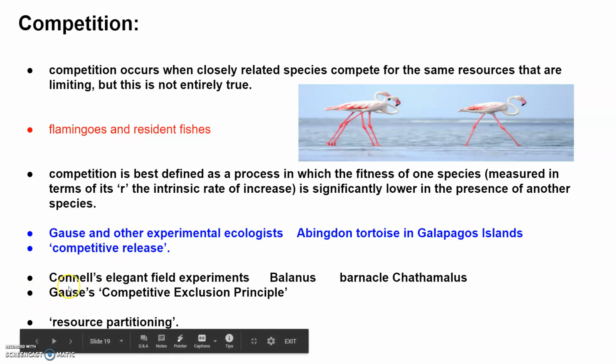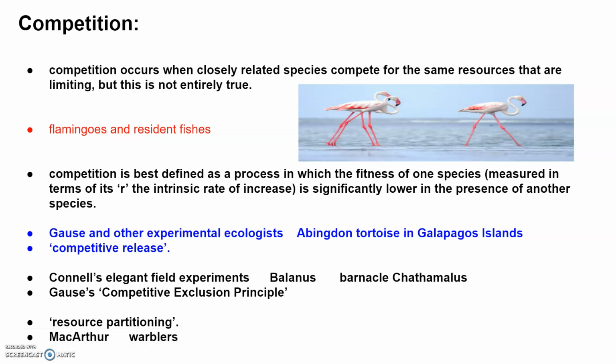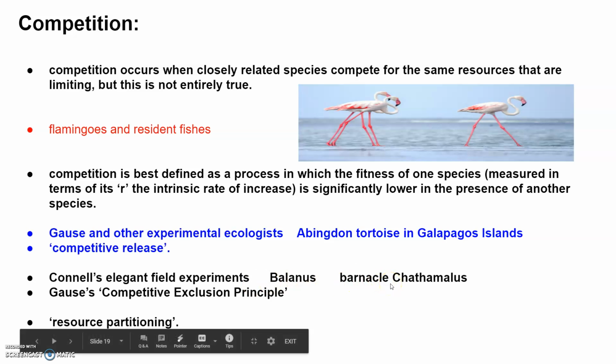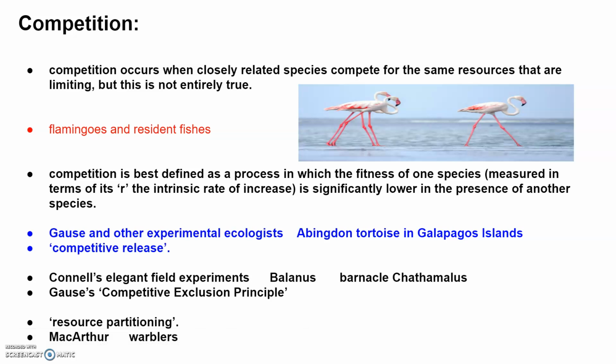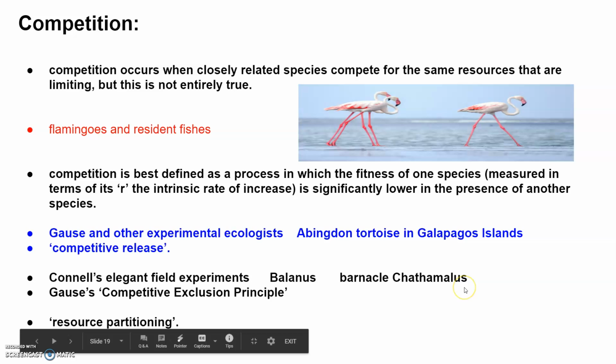Connell's elegant field experiments showed that on the rocky sea coast of Scotland, the larger and competitively superior barnacle, Balanus, dominates the intertidal area and excludes the smaller barnacle, Chthamalus, from that zone.